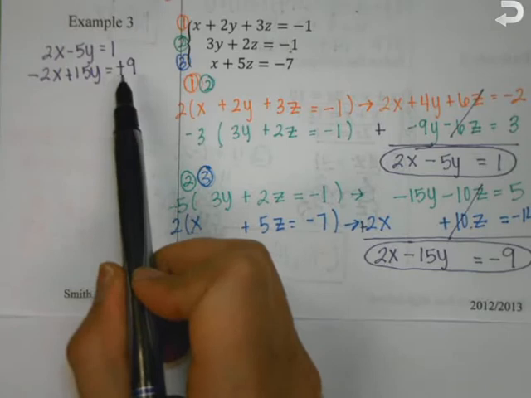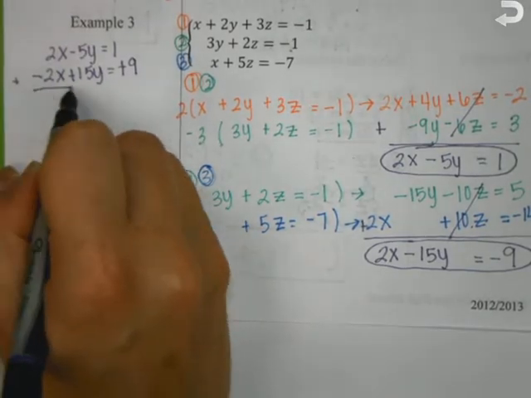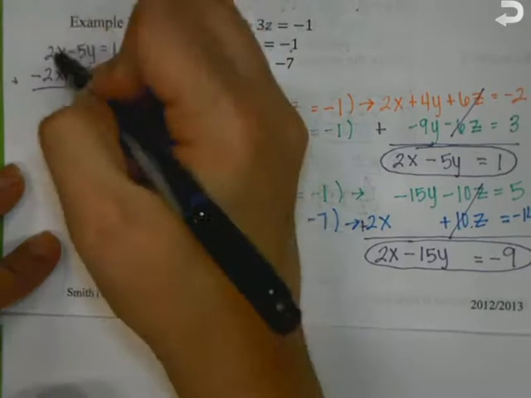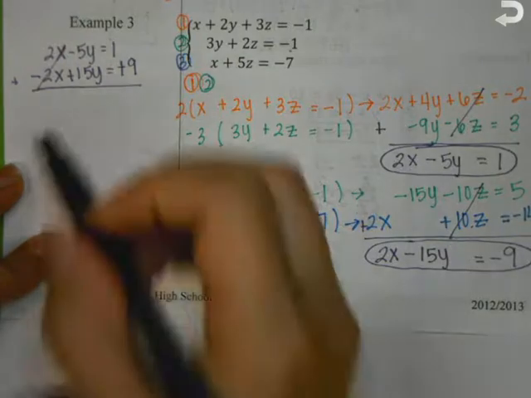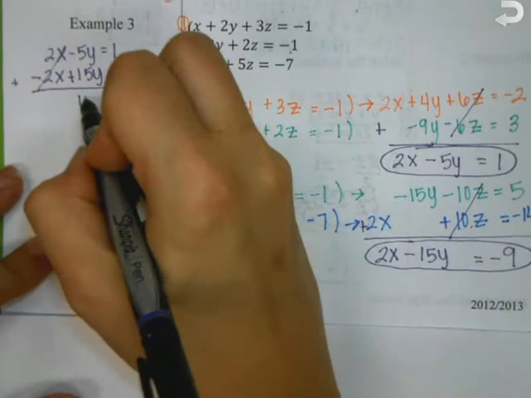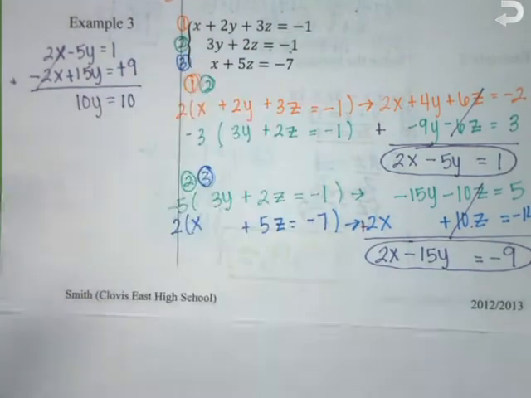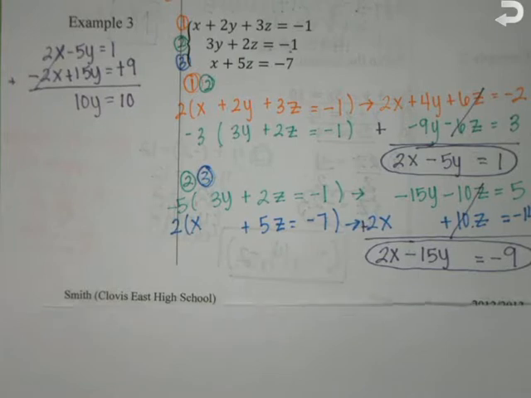X's cancel. Awesome. Negative 5y plus 15y is going to give me positive 10y equals 10. Easy, right? Divide by 10, y equals 1. Put a bubble around it.